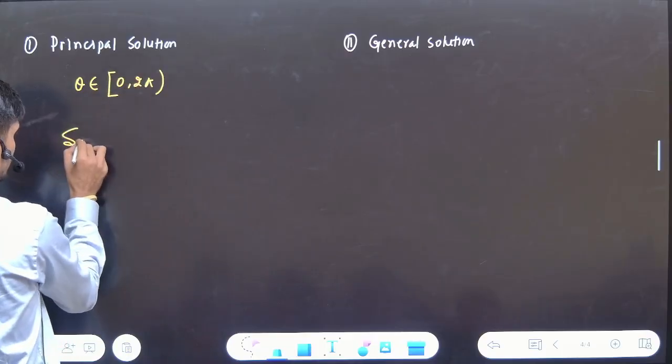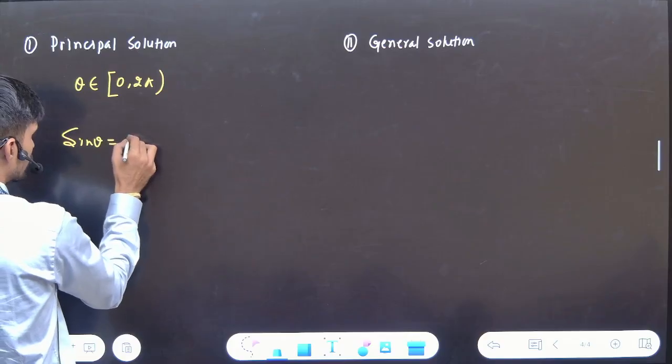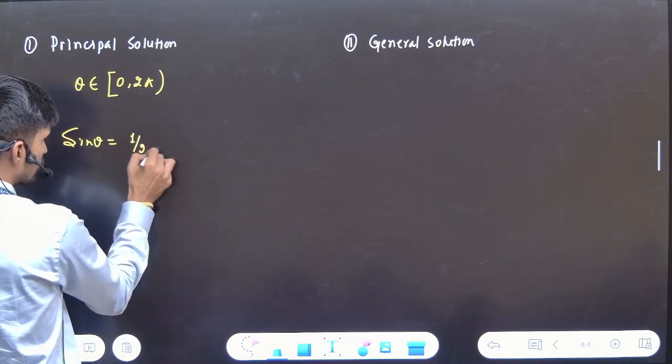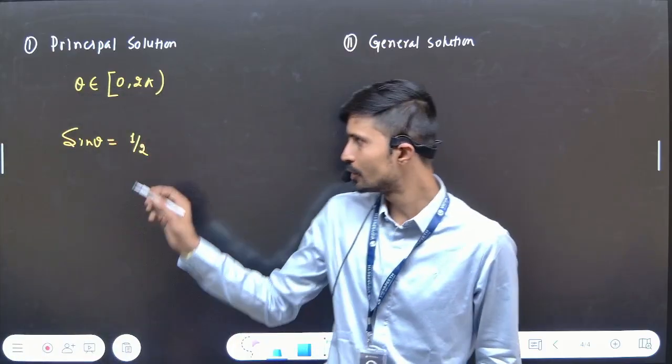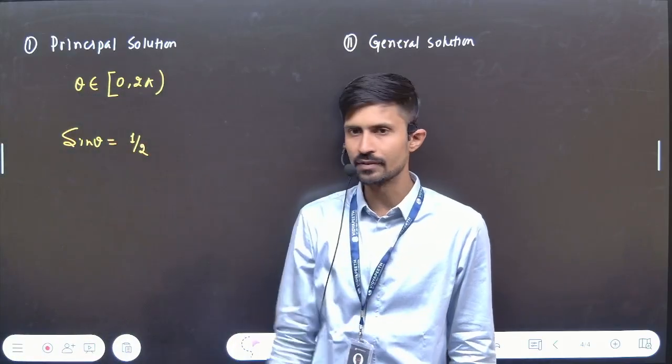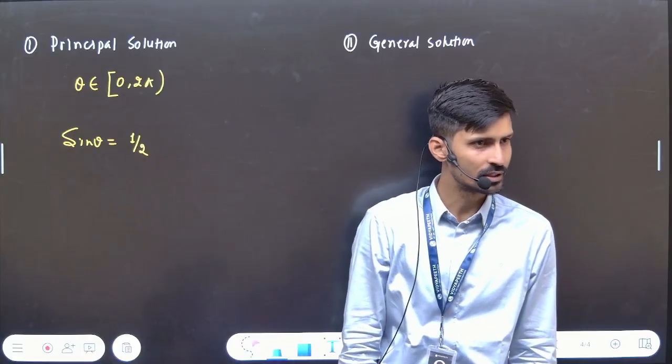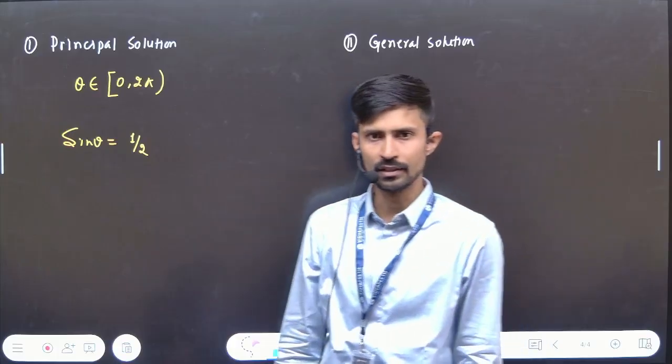So if I am writing sine theta is equal to 1 by 2 and I am asking to find the principal solution of this equation, it means we have to find the angle between 0 to 2 pi which will satisfy this. One is 30 degree, one is 150 degree.